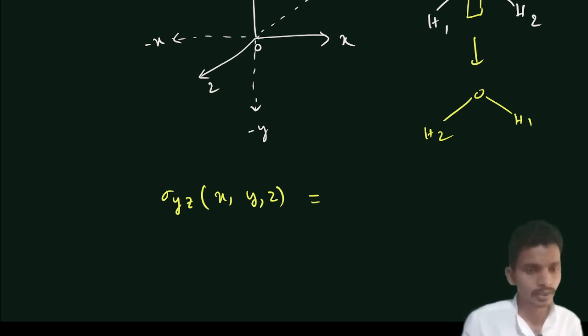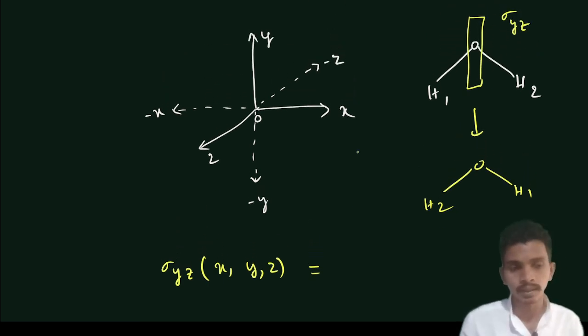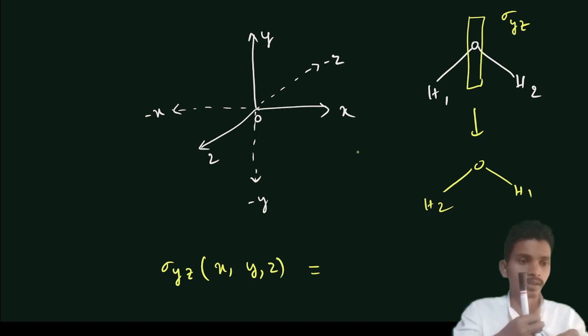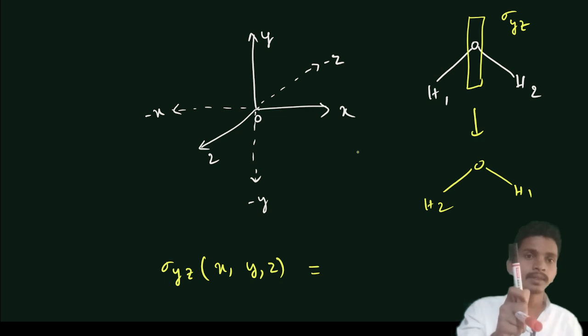So you see that here, in this molecule, yz is, y is above side and z is front side. Okay, y is above and z is front.